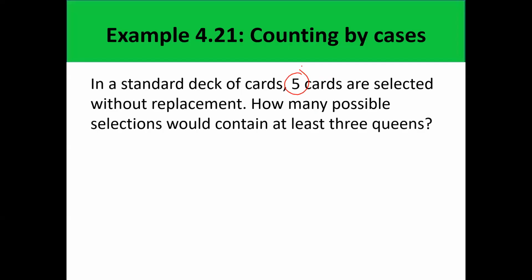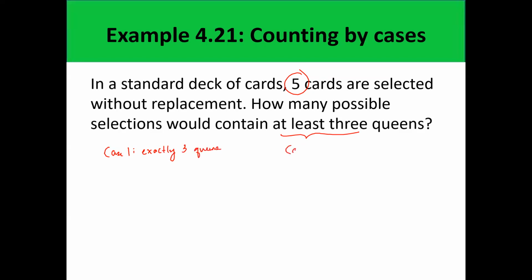Okay, so now the question is how many possible selections would contain at least 3 queens? When we say at least 3 queens, it's 3 or more queens. Which means that we have our first case as selection of 5 cards in which there are exactly 3 queens.